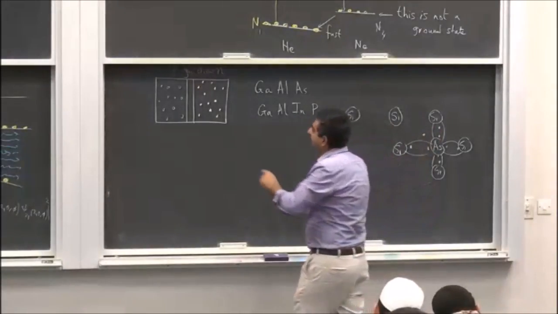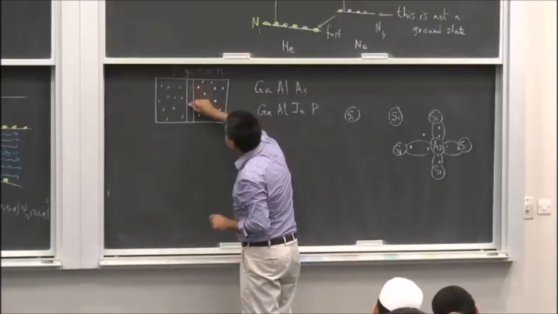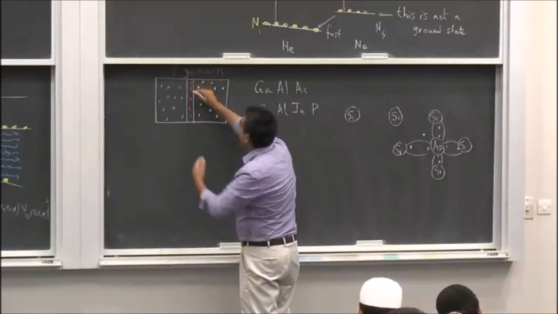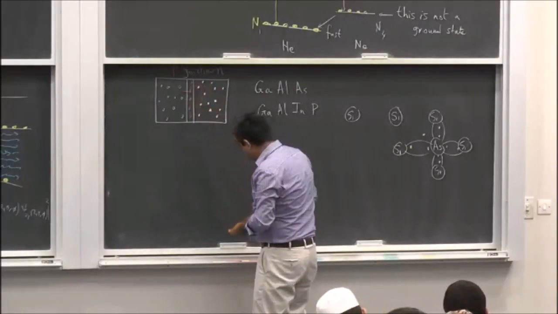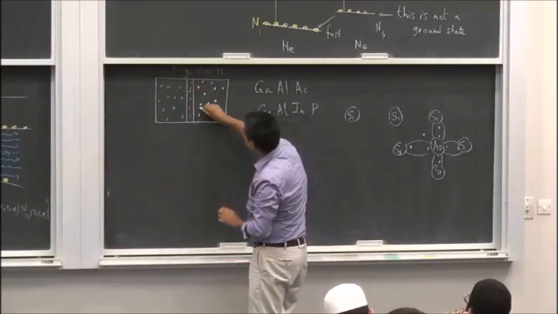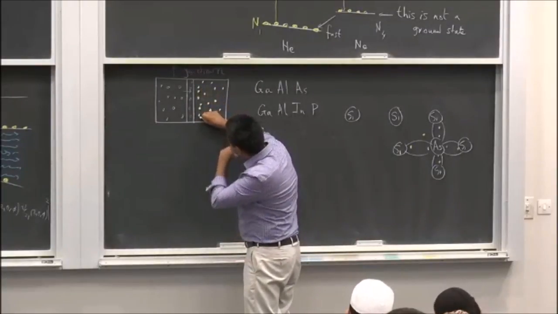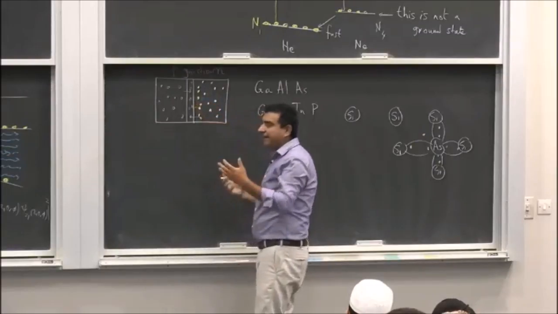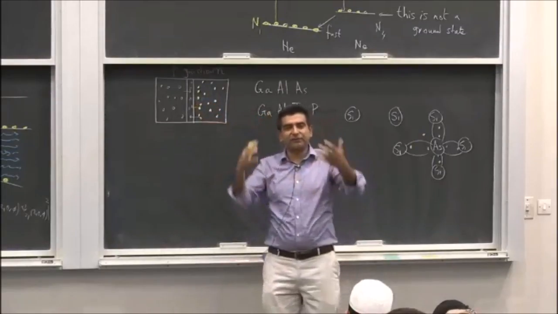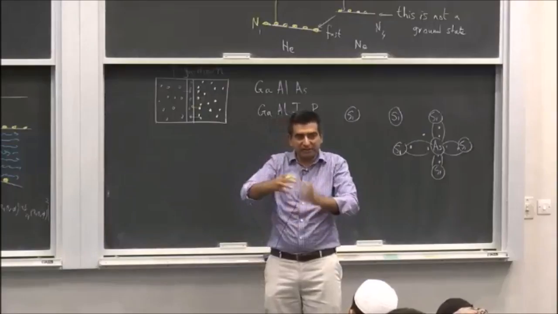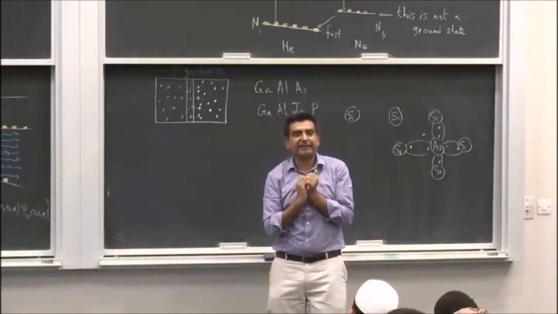What happens is that in this region you get holes. Holes diffuse into this region, and electrons diffuse into this region, and the electrons interact with the holes. They fall into the holes. Positive and negative charge, they recombine and they give off energy.